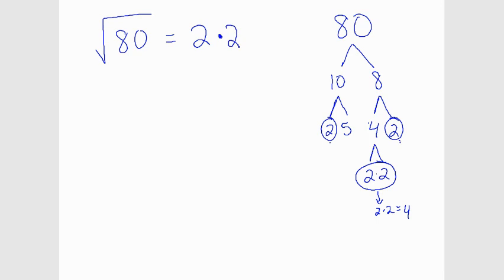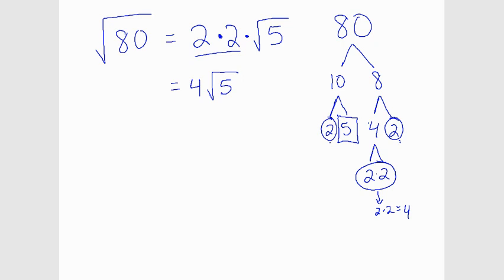The final thing that we notice is that 5 is left by itself. It doesn't have a pair. That means it remains inside the radical. And we're using multiplication the entire time because we want to be able to put this back together. We pulled it apart with the factor tree using division, so we put it back together using multiplication. Now we can simplify. We've got 2 times 2 is 4 square root of 5.